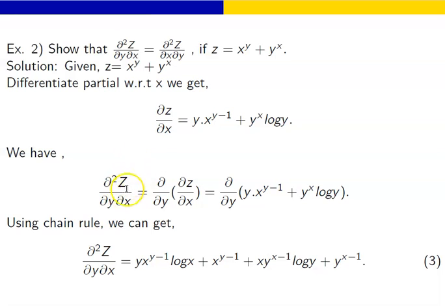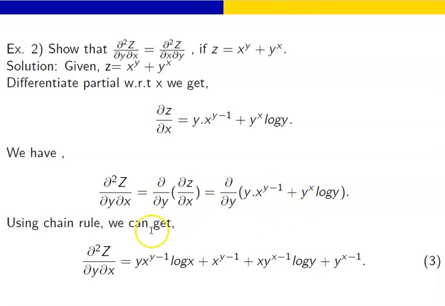Now if I differentiate this function dou z by dou x with respect to y, what do we get? Dou 2z by dou y dou x. So dou by dou y of dou z by dou x is this same thing. So differentiate this with respect to y now. There are two functions, both having functions of y, so you have to use the chain rule.